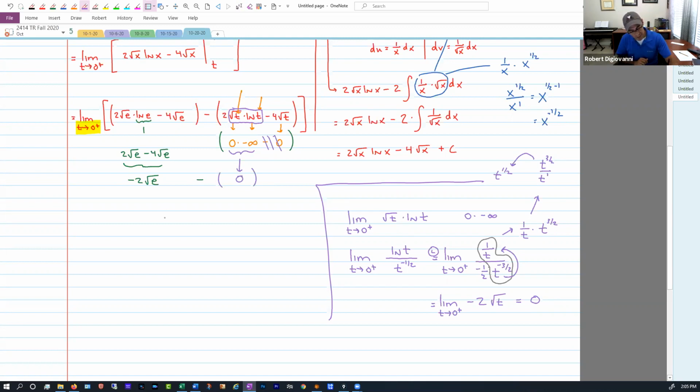So what's our answer? Converges. Root e, it converges. This is a convergent integral. It converges to -2 root e. Huh. We get a negative answer. I think that's worth looking at.